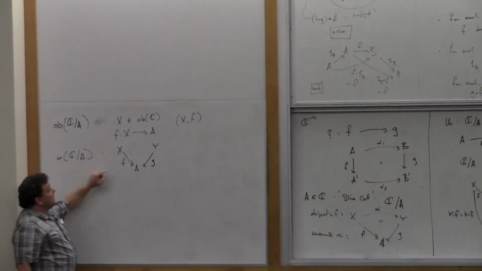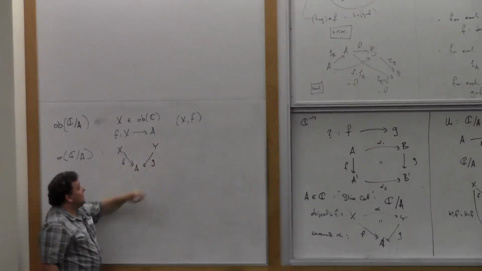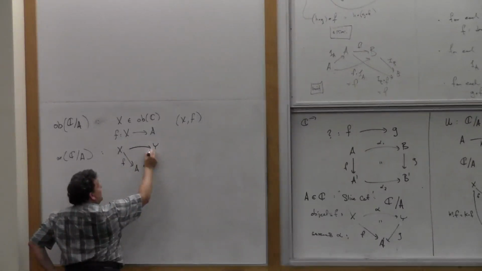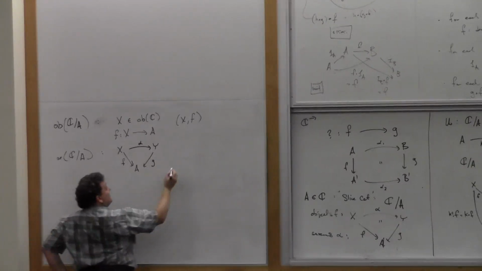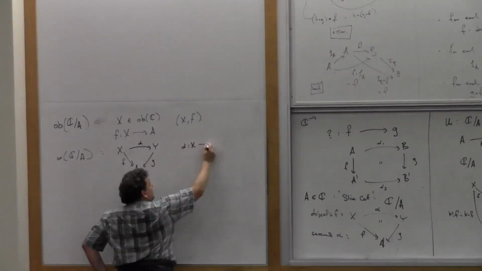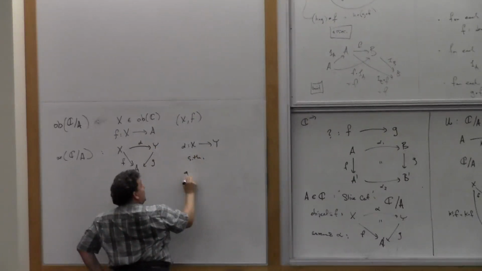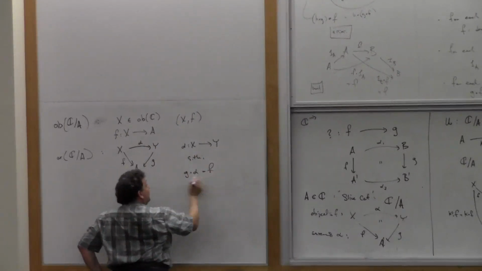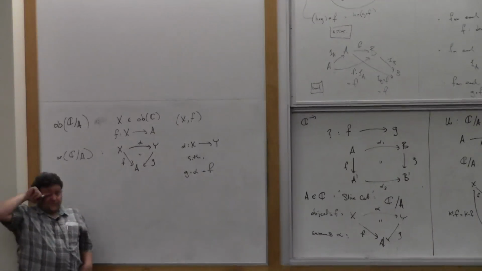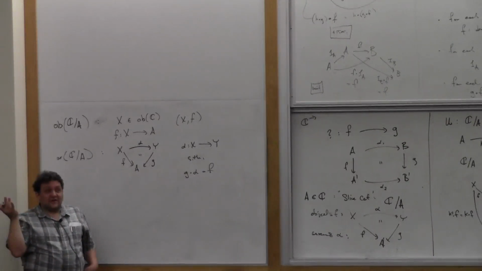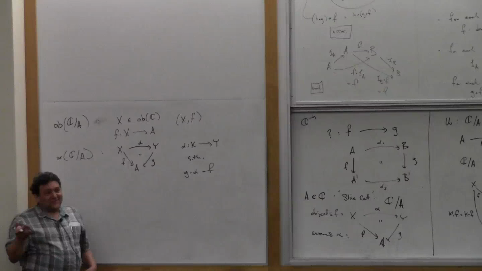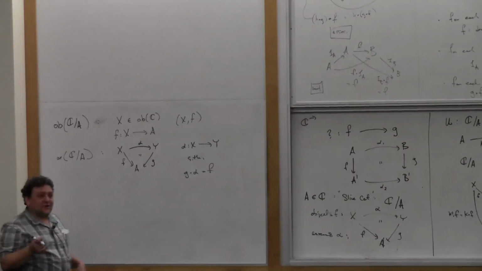So what is an arrow from a thing like this to a thing like this? Well, it's an arrow alpha in the category from X to Y such that G after alpha equals F. That is, this triangle commutes. So that's the definition of the slice category. The objects are arrows. The arrows are also arrows, but they satisfy certain conditions. Good?